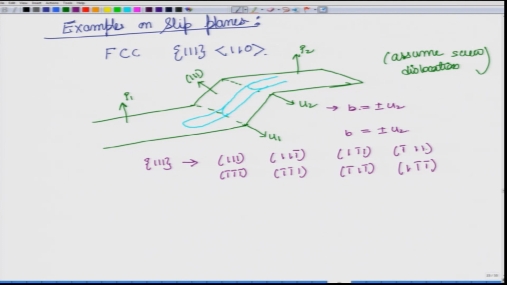So, basically there are 4 different 1 1 1 planes. So, P1 and P2 can be either of these 4 different planes or their negatives. So, the possibility for planes is like this.